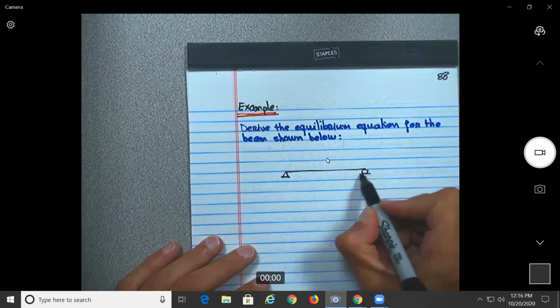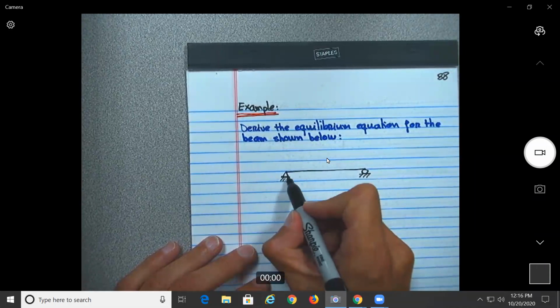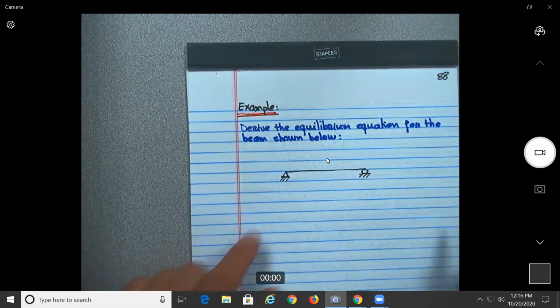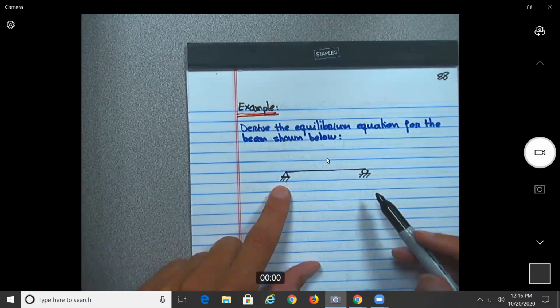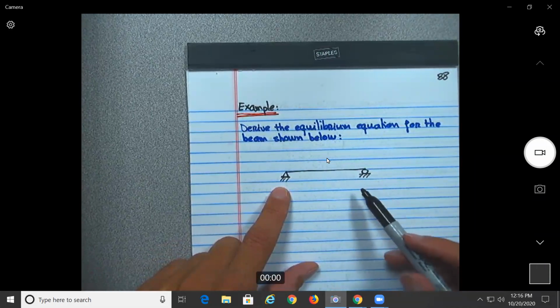So let's see, why am I doing the boundary condition this way? Why do I put a triangle here and just a circle here? There's a mathematical reason. What is the total number of unknowns we can have in a static 2D problem? 3.